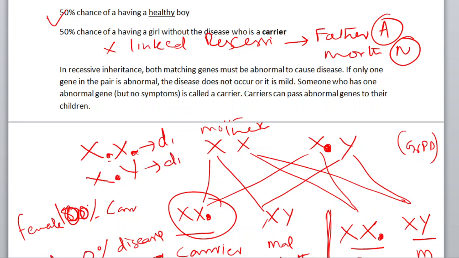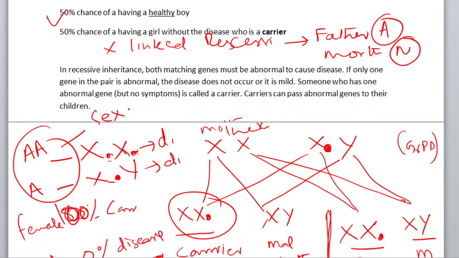They cannot get a replacement for this X chromosome because they don't have another one. But the female does have another one, so they need two abnormal genes, and the male needs one abnormal gene. I'm just talking about the sex-linked, or X-linked, recessive diseases.